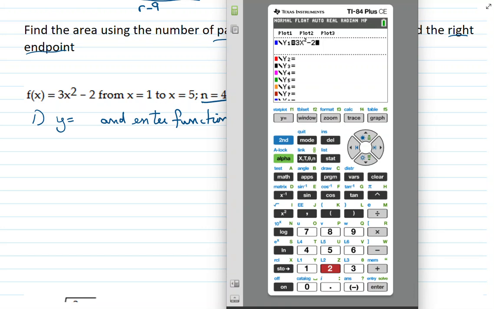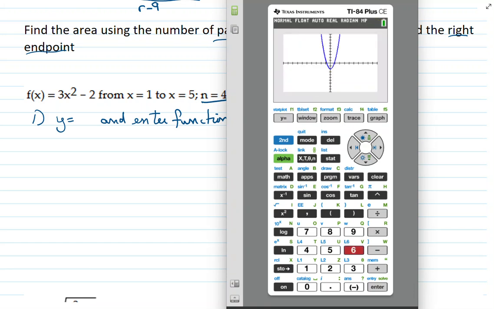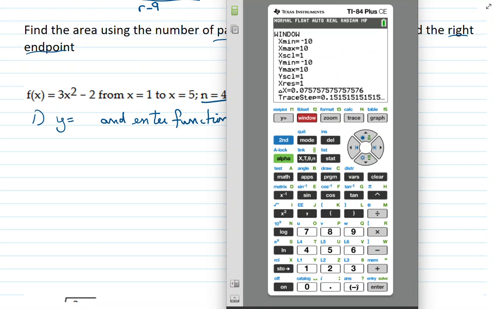So, we're going to go zoom 6 first to see what we have. Okay, we can see we have it right here, and it's pretty big, because if we go to 5, it's 25, it's 75. So we're going to hit our window, and we're going to go -2 on the domain, and we're going to 5, so let's go to 6, and do a 1.